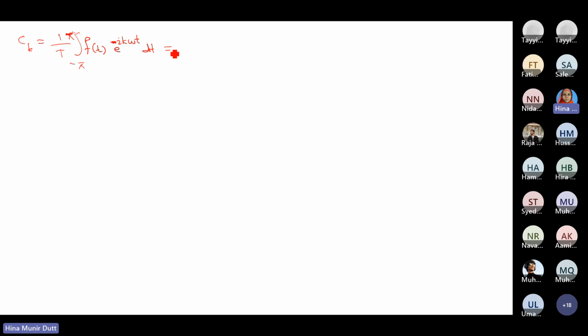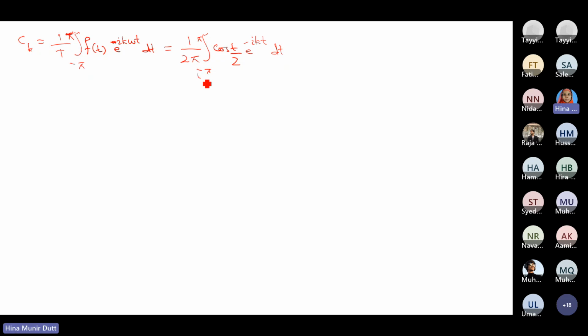Here omega is equal to 1. So 1 over 2 pi, integral from minus pi to pi, cos of t over 2 e to the power minus iota k t dt.